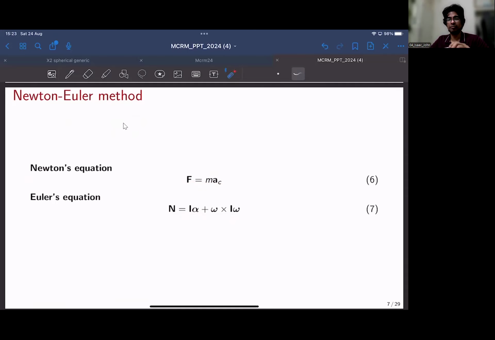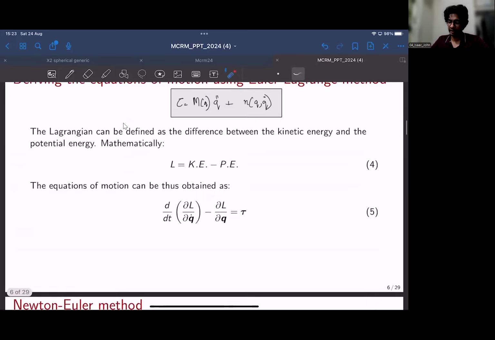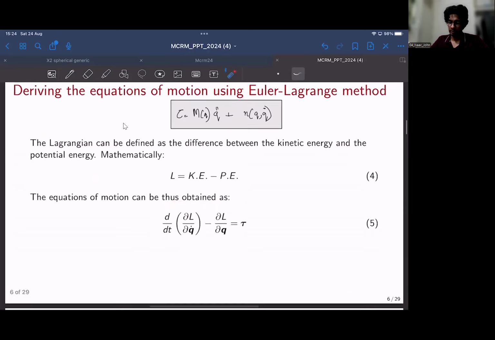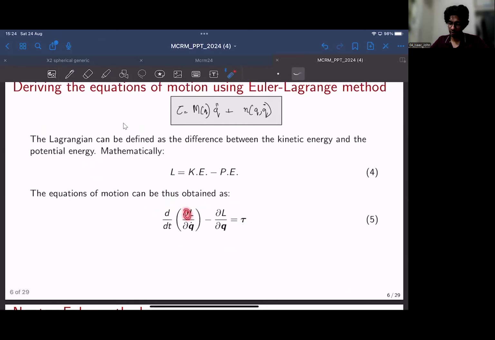But as the number of degrees of freedom increases, or if the complexity of the manipulator increases, then it would be very difficult to derive these equations of motion using the Euler-Lagrange method. The biggest reason is because of the involvement of these partial derivatives. If there are multiple terms in this Q vector, taking the partial derivatives of each and every single term, or derivative of this Lagrangian with respect to each and every term of this Q dot vector, would be very difficult as the complexity or the size of the robot grows.